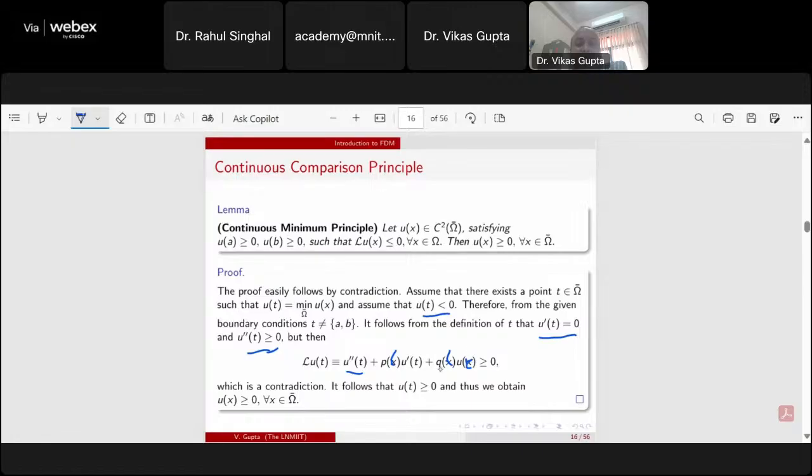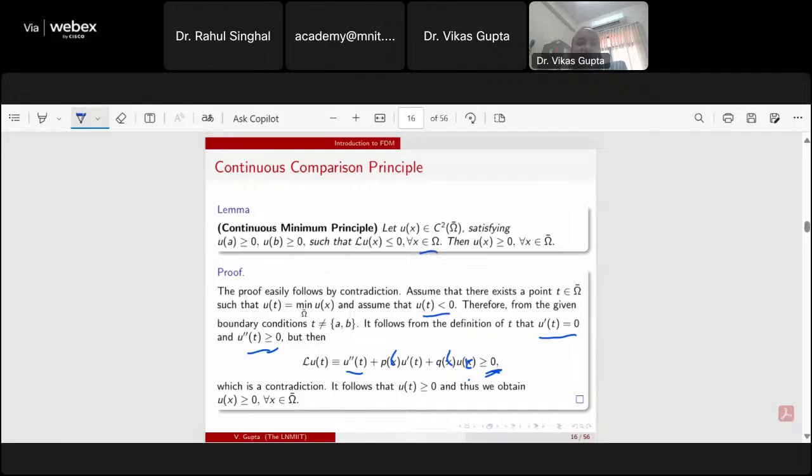So q(t) and u(t) both are negative, so the product of them, q(t) into u(t), will be positive. That implies at the point t, the operator L takes a value greater than or equal to 0, which is a contradiction because L u(x) is less than or equal to 0 for all x belonging to omega, and t is an interior point of the domain.